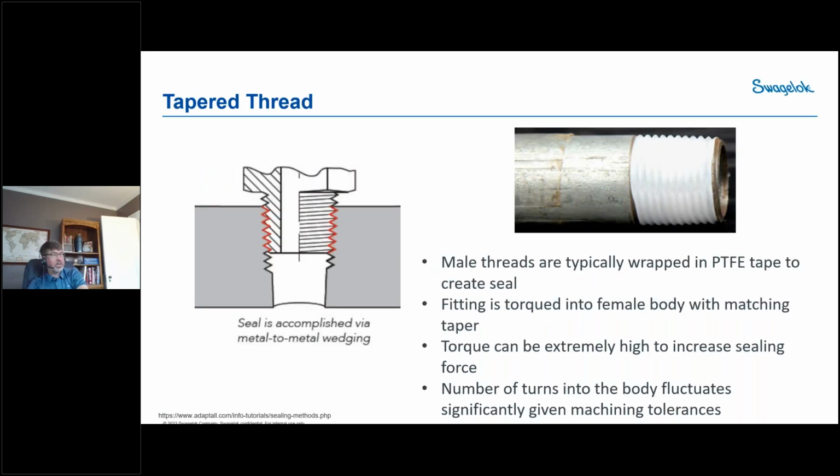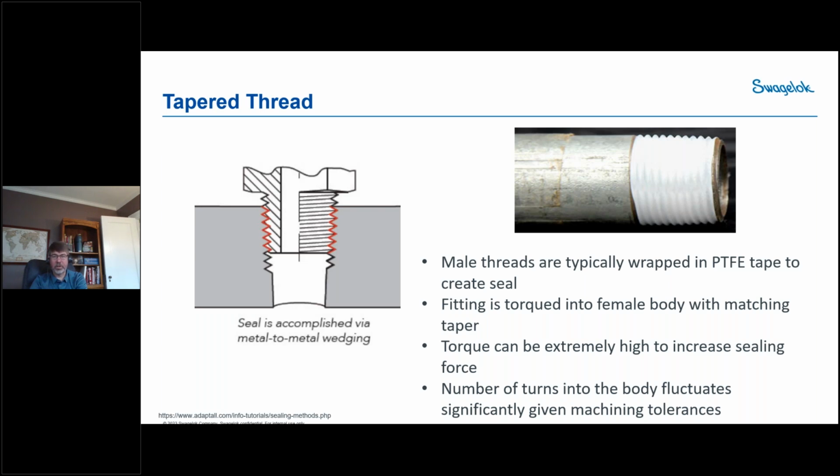And again, this is intended to be a bit chronological. So we're going to start with really the original fitting for these fluid systems, and that's a tapered thread, a pipe thread, otherwise known as, right? So the way this technology works is there's a slight taper on the male and the female end. The male end is usually wrapped in a Teflon tape, as seen in that picture, and then threaded in until really it can't be torqued anymore.